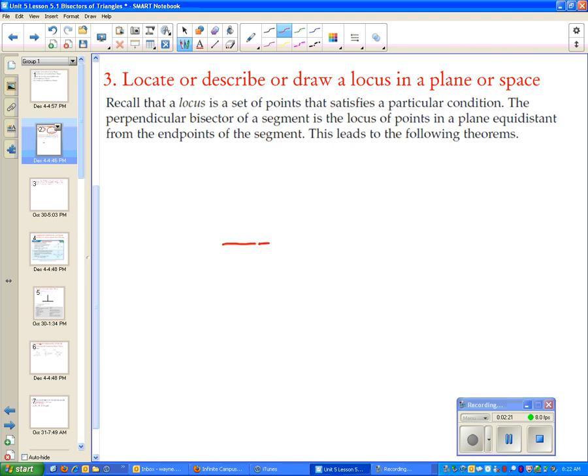But here's what they're talking about. If you've got segment AB, and you want to start picking points that are equidistant from A and B. For instance, that point, the distance from that point to A is equal to the distance from that point to B. So that point is equidistant from A and B. It's equidistant from the endpoints of the segment. So is that one. It's a different distance now, right?